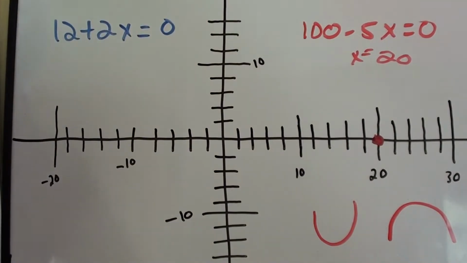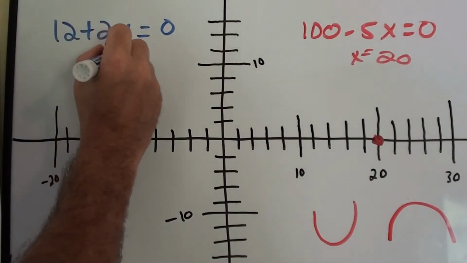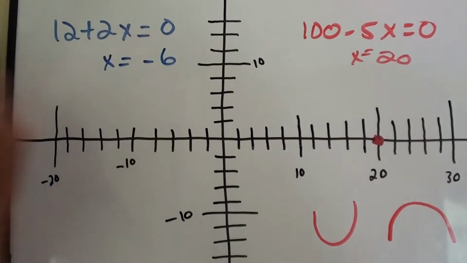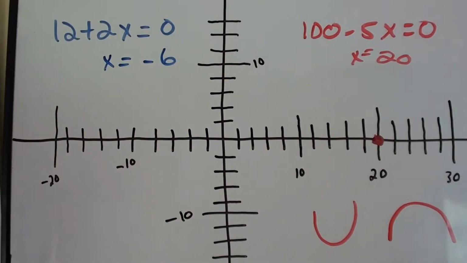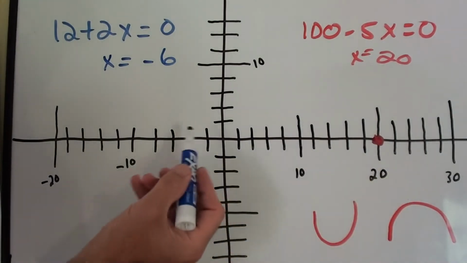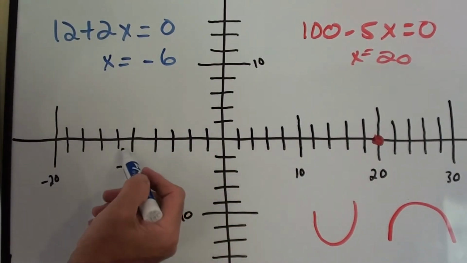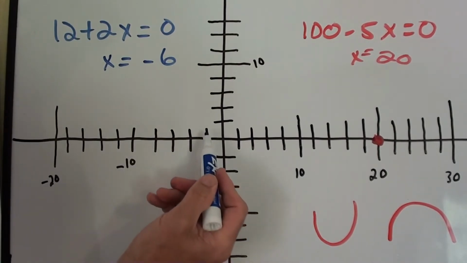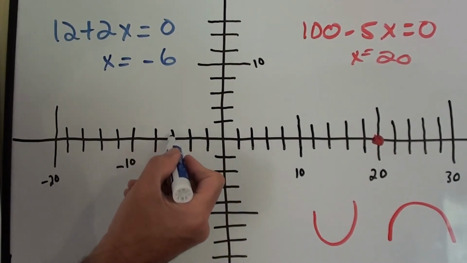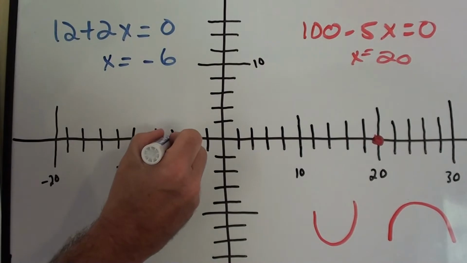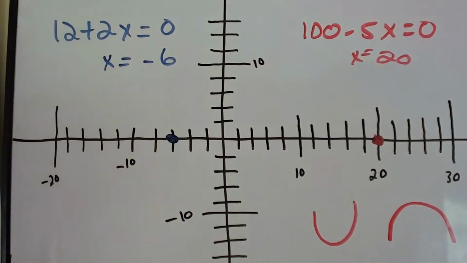Okay? And we got x equals negative 6. Alright, so still on the x-axis, let's go back to 6. We know this is 0, and this is negative 10. So 2, 4, negative 6. Okay? Now, that's the only 2 points that we need.